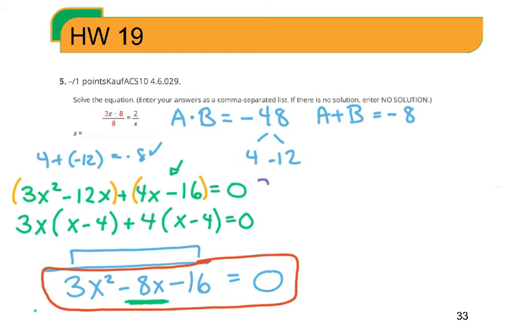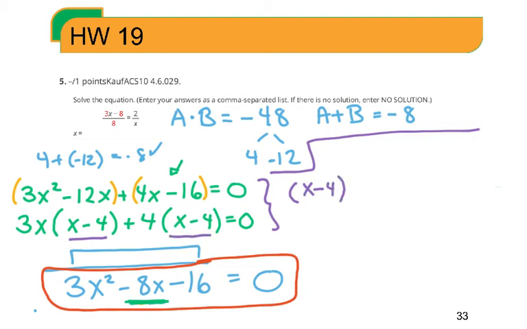So now I see that this is x minus 4, that's my common factor, times what? 3x plus 4. And then what do we do?